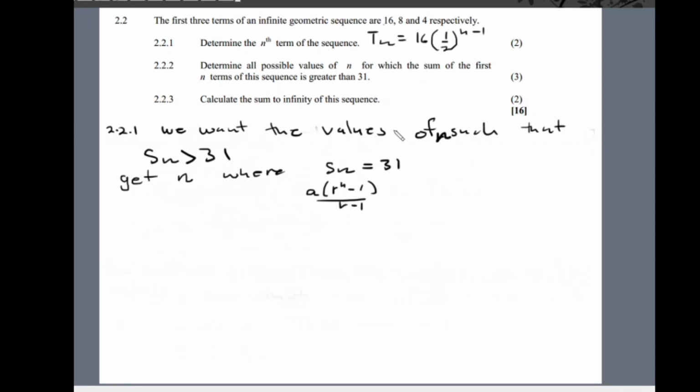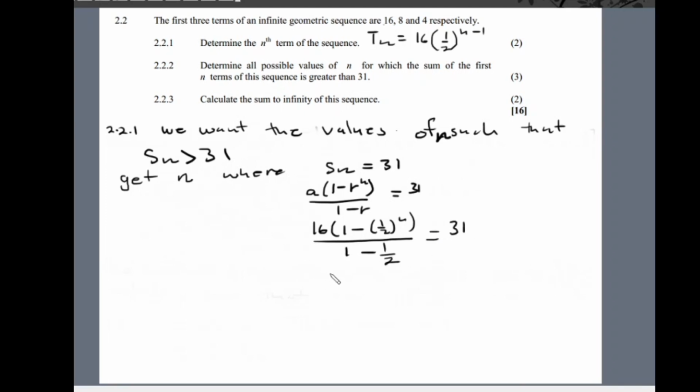Since r is less than 1, let me apply the other version of the formula: a times 1 minus r^n divided by 1 minus r equals 31. So we want to solve for n, right? We know the value of a to be 16, and the common ratio to be 1/2, and then 1 minus 1/2, right?